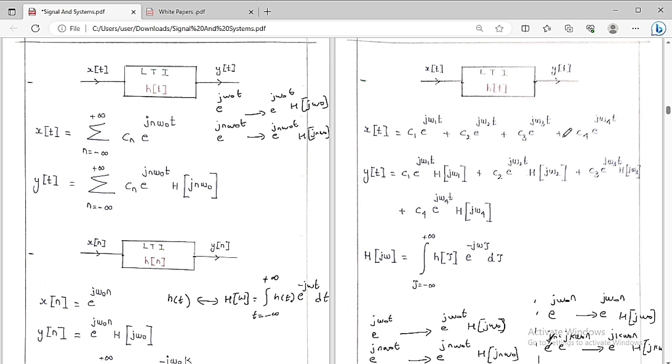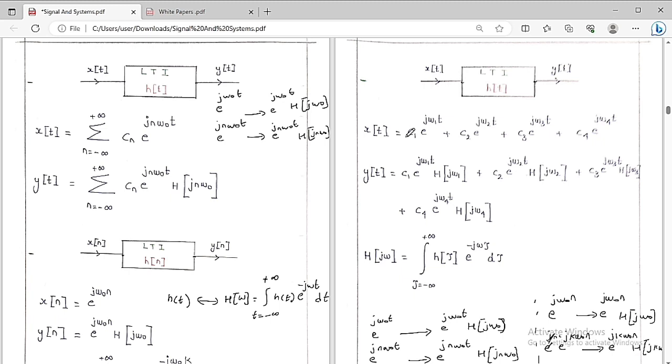In the previous classes, we wrote x of t in terms of the impulse signal, but here we are going to write x of t in terms of exponential terms. This is the only thing you always have to keep in your mind. There the basic signal is the impulse signal; here the basic signal is the exponential signal.